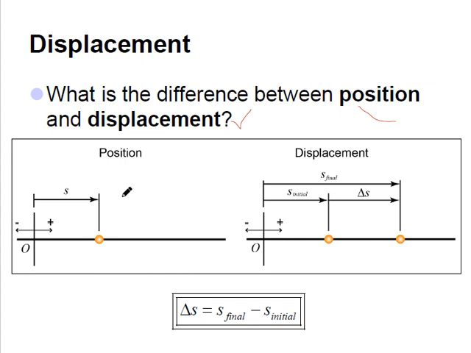So position, as we have just talked about, is going to tell you where a particle is at any given moment. We're just imagining it was here on that coordinate system that we have constructed, a 1D, one-dimensional coordinate system.